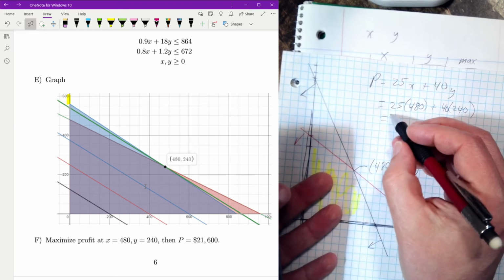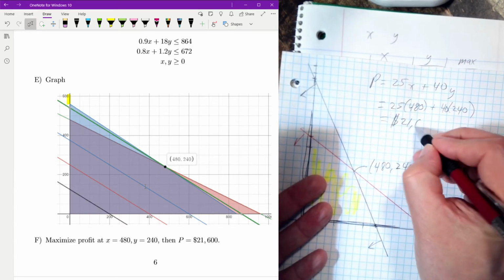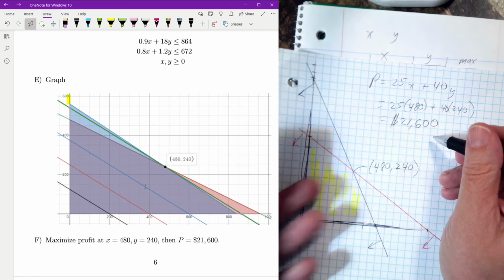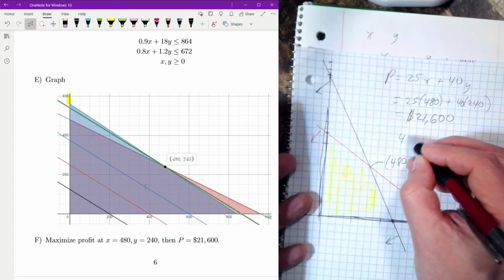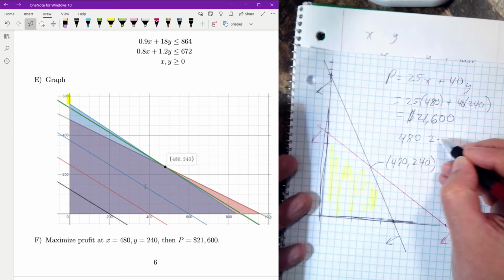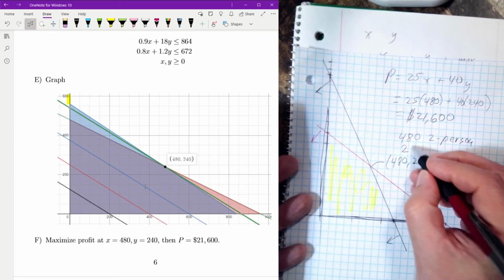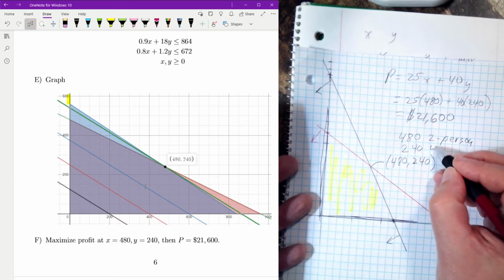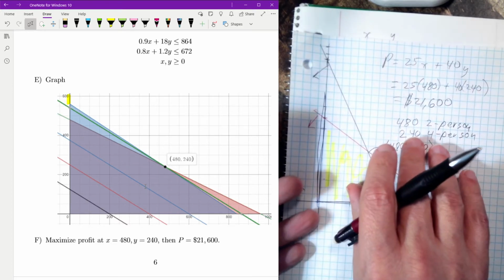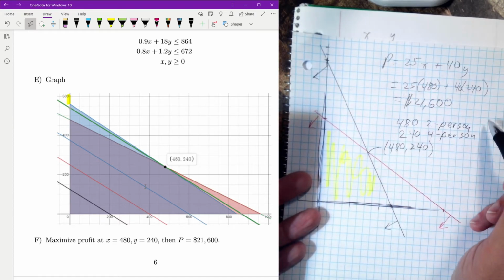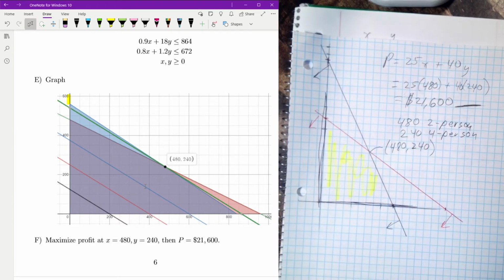And that equals 2160. It's in dollar signs. What it tells us is that when we have 480 two-person boats and 240 four-person boats, based upon the labor we have available to us, we maximize our profit at $21,600.